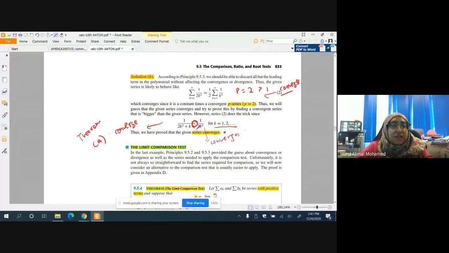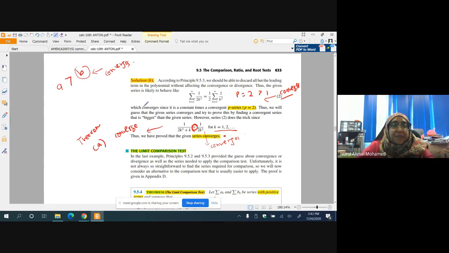If it is greater than, then you cannot use that theorem. If series A is greater than series B, where B is convergent, then you cannot use it. Okay, let's look at the theorem.